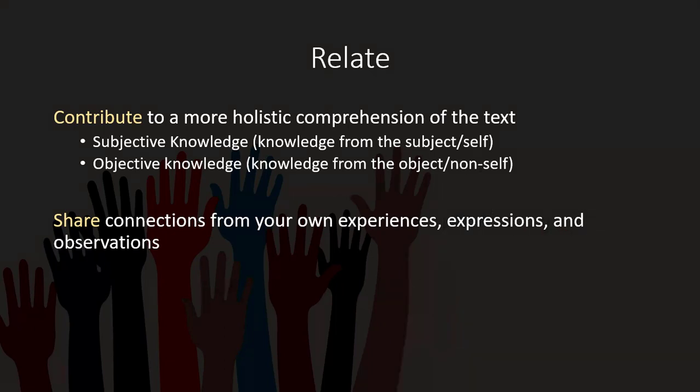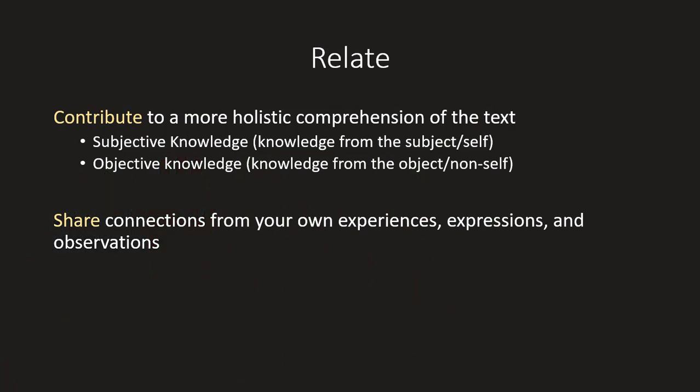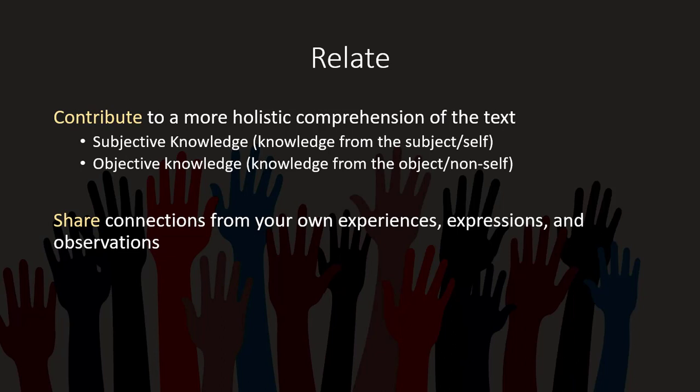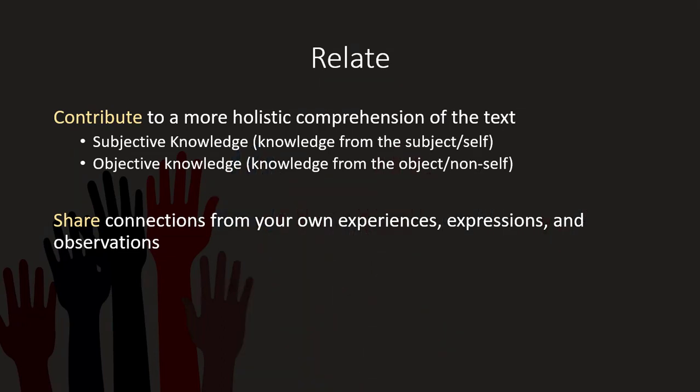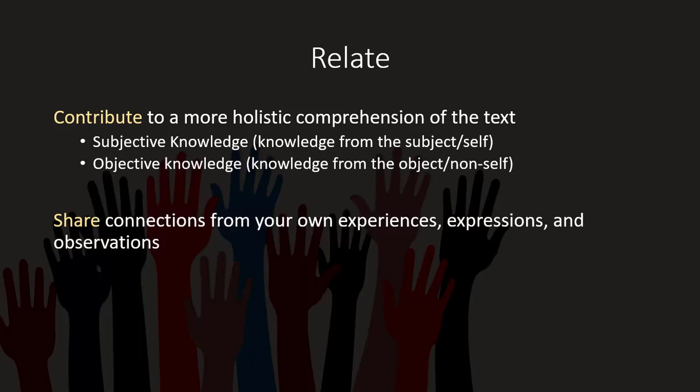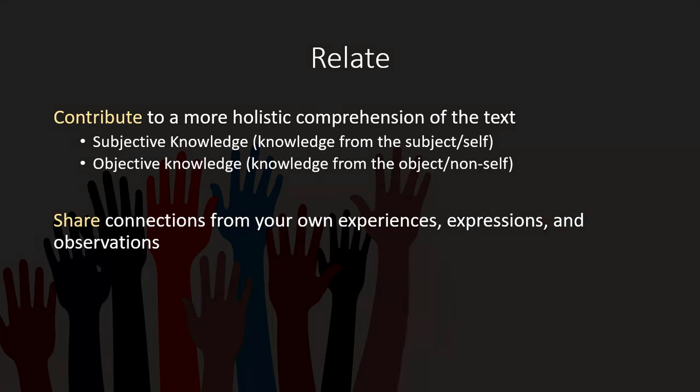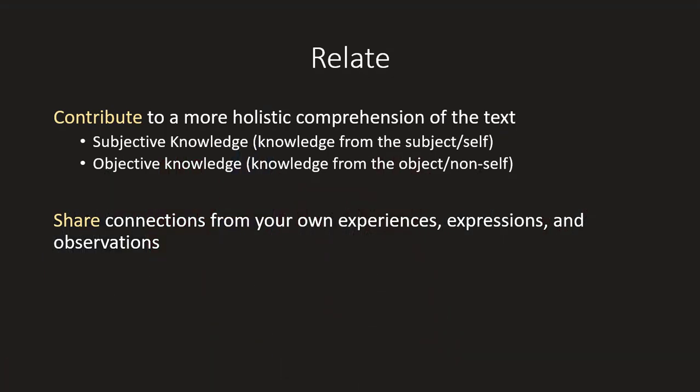Both subjective and objective knowledge are incomplete knowledges that require each other to provide holistic perspectives. So, when we relate to texts, it's not just because it's important for us to find connections with and interests in the text, but because it's important for us to contribute our particular understanding of the text to our communities.